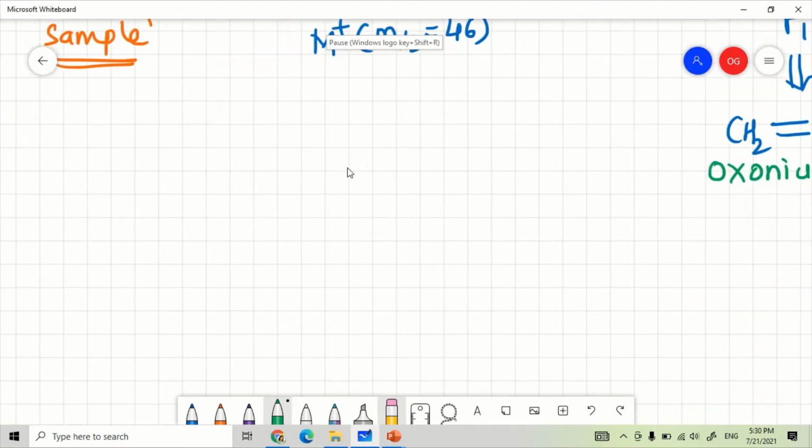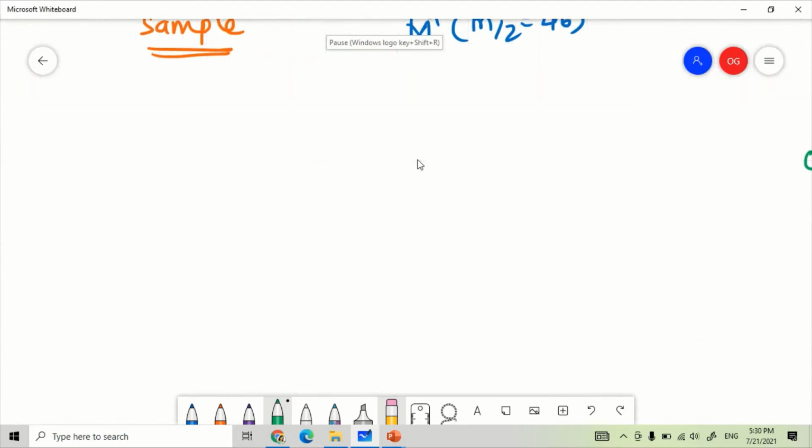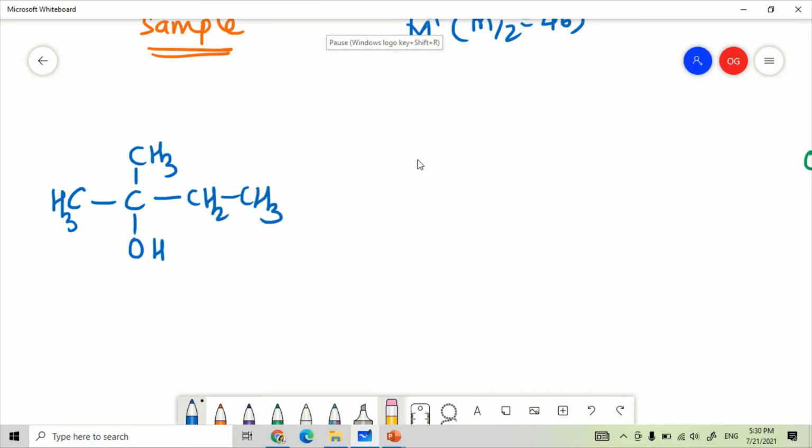Let us take one more example of a branched alcohol. Let us say this is the structure, CH3CH(OH)CH2CH3.